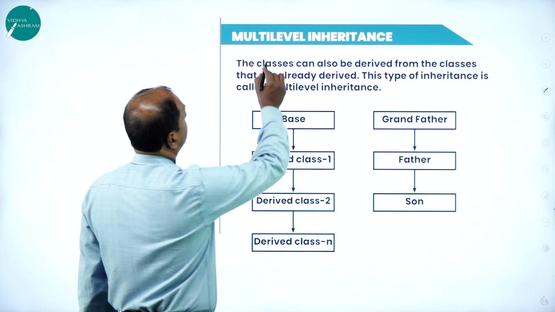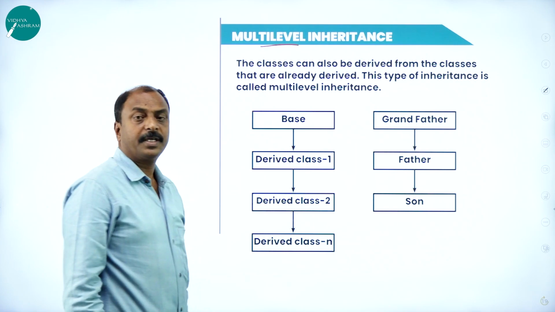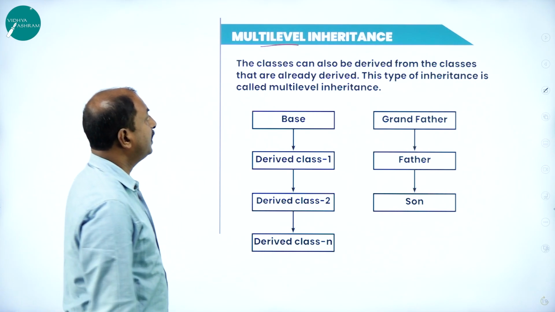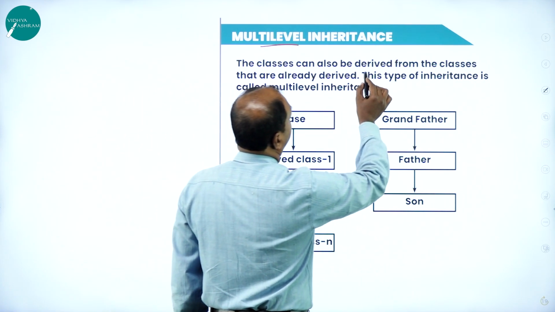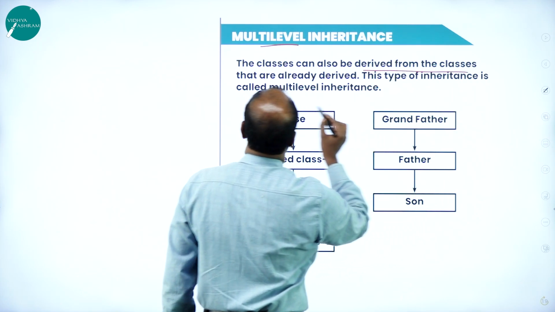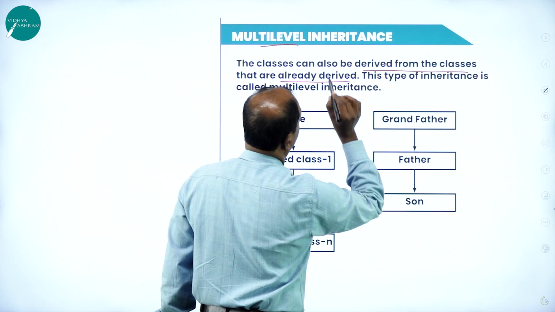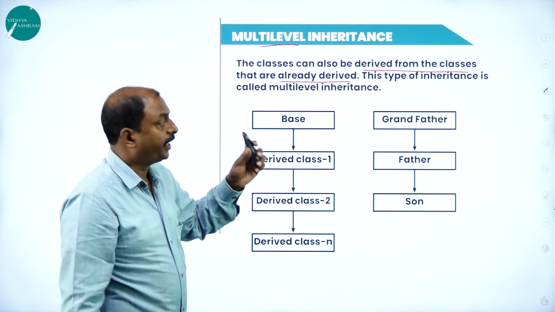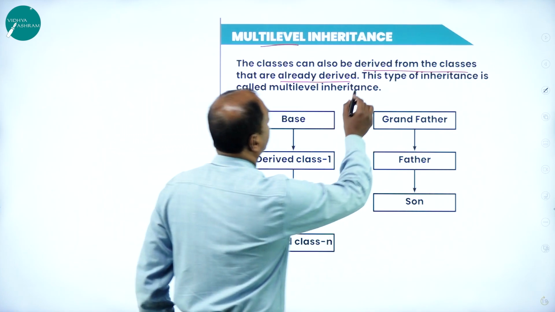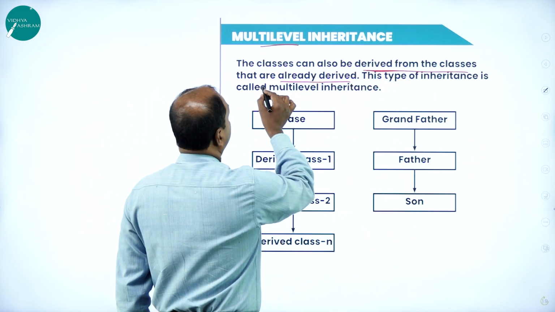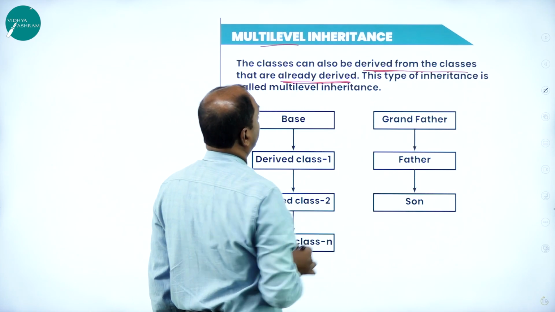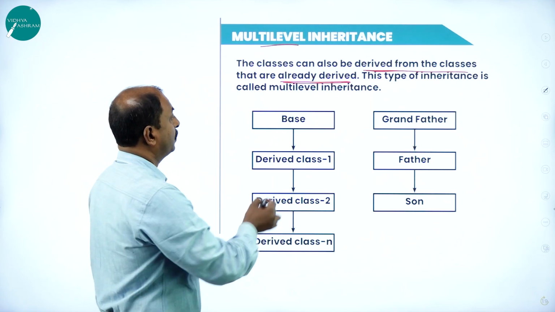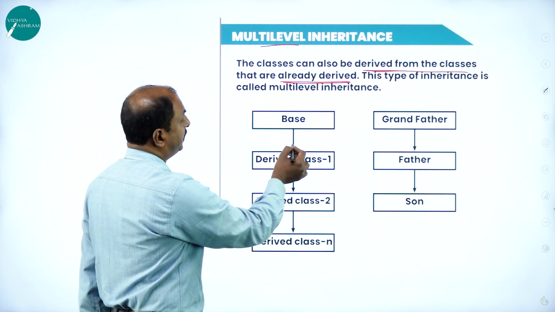Next one is multi-level inheritance. What is multi-level inheritance? Here, the classes can be derived from the classes that are already derived. So, I read out once again. The classes can be derived from the classes which are already derived. So, look at the example here. This is a base class and this is a derived class.